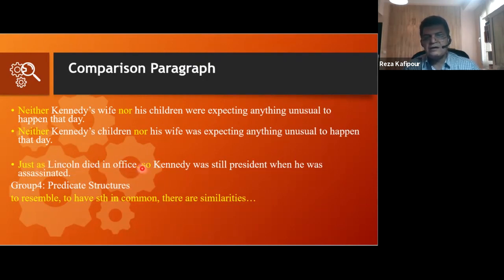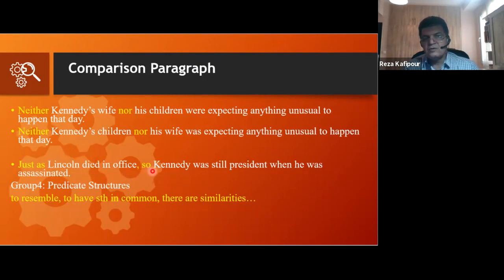After just as and so, we need a full sentence, or let's say an independent clause. So the idea that is reflected in the first sentence should be reflected in the second one, but in, let's say, different words. Here we said, just as Lincoln died in office.